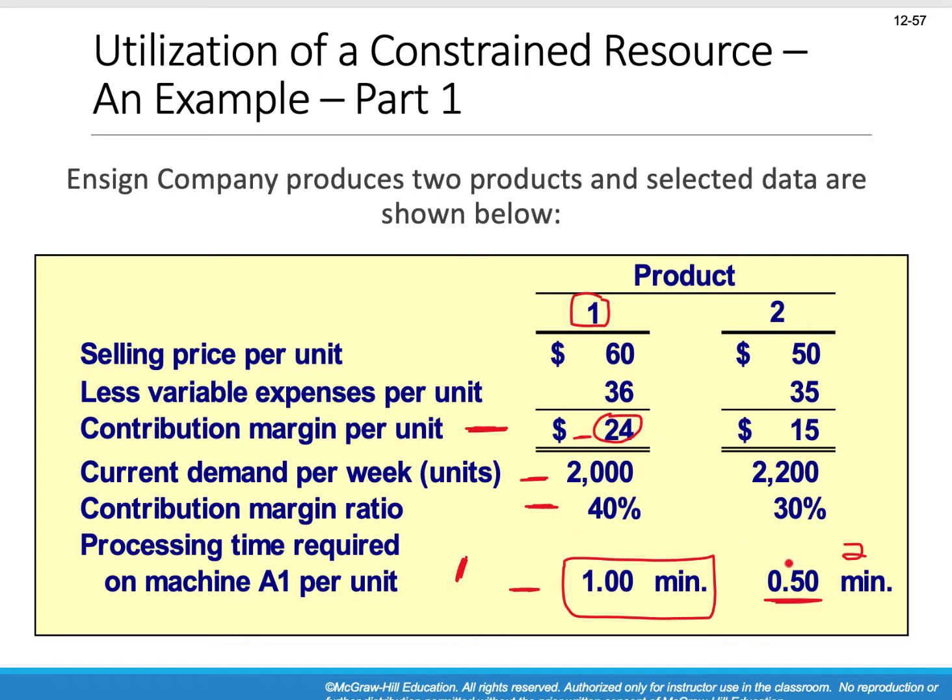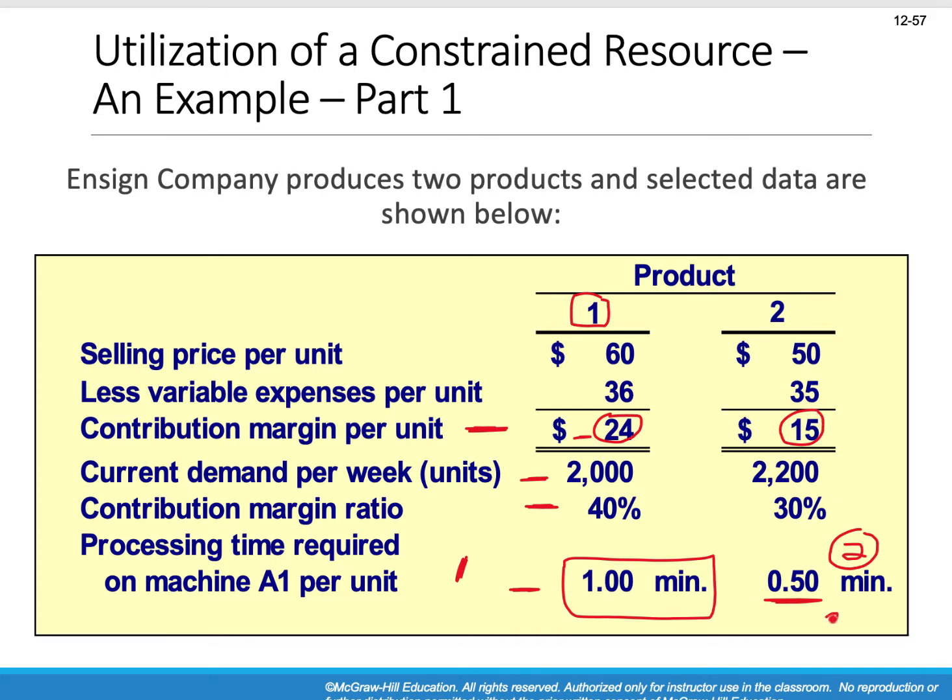However, if I use that minute to only make product 2, how much contribution margin do I get? Well, I can make 2. The contribution margin is $15.